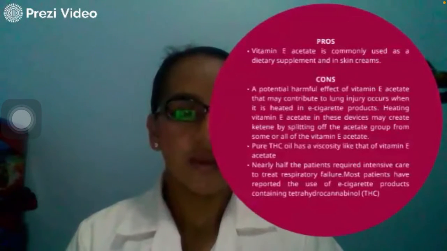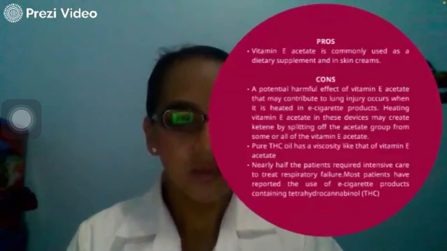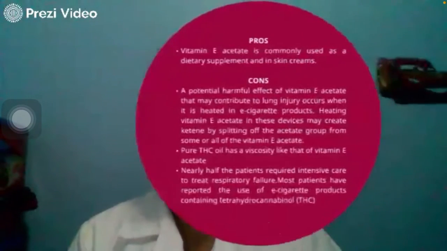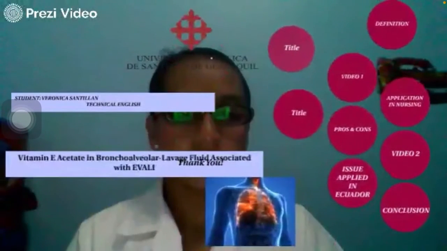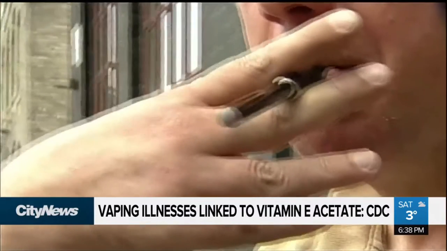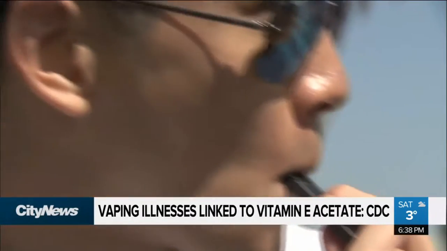Pure THC oil has a viscosity like that of vitamin E acetate. Nearly half of the patients require intensive care to treat respiratory problems. Health officials south of the border may have found the cause of a mysterious vaping illness.